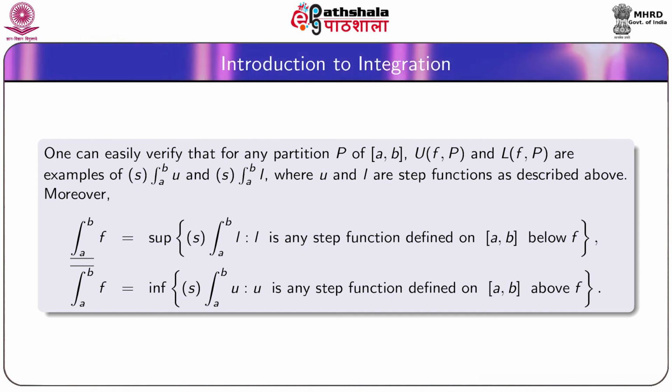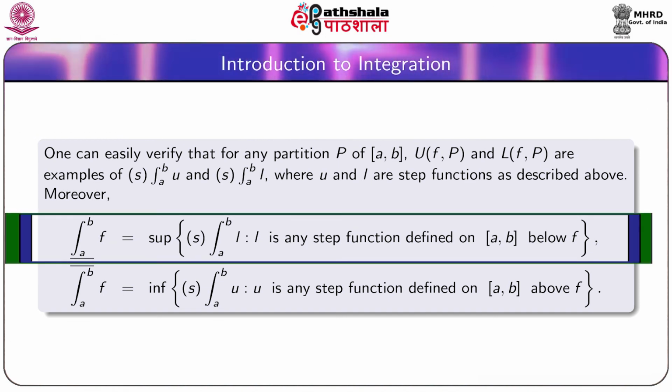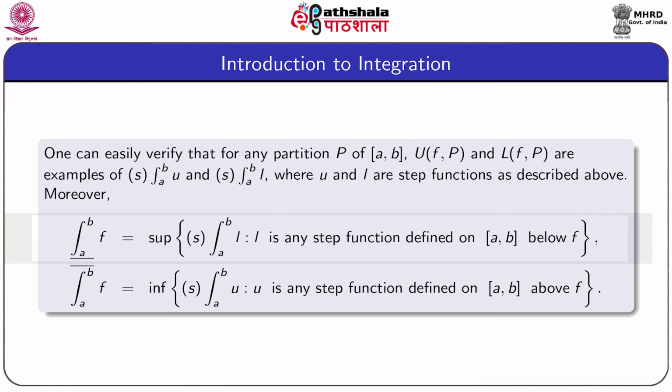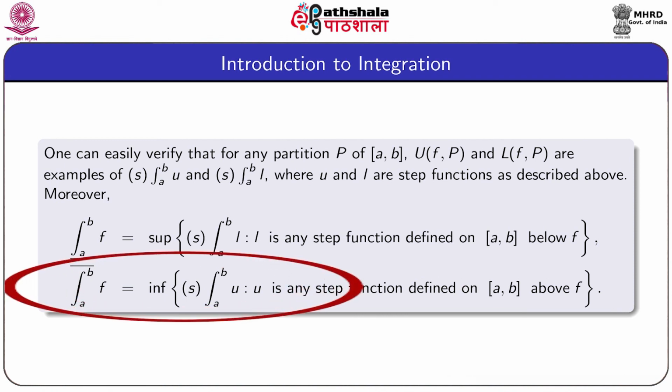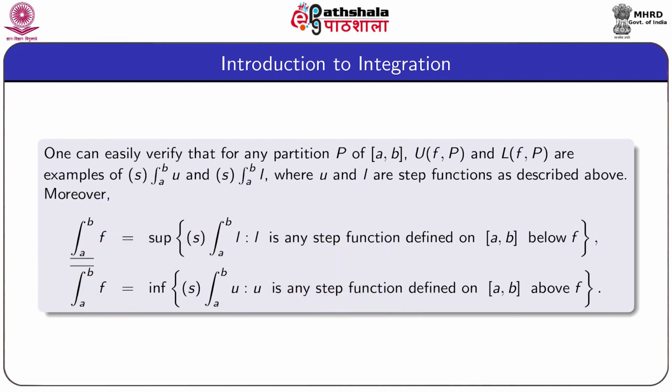Moreover, lower integral a to b f equals the supremum of S integral a to b L, where L is any step function defined on [a,b] below f, and upper integral a to b f equals the infimum of S integral a to b U, where U is any step function defined on [a,b] above f.